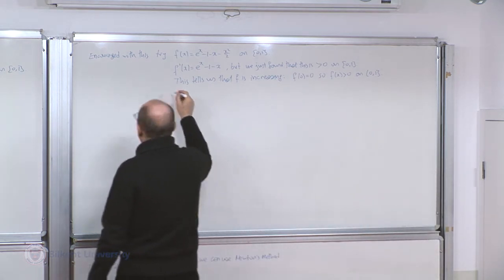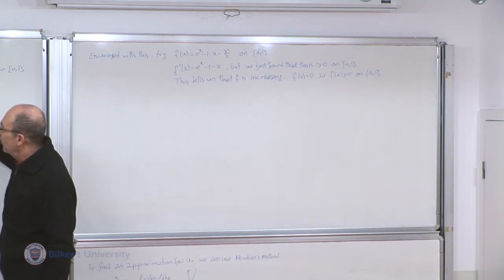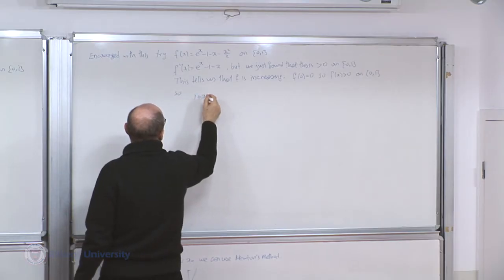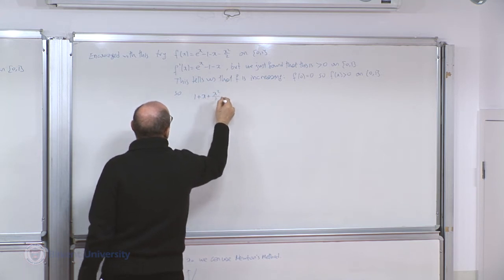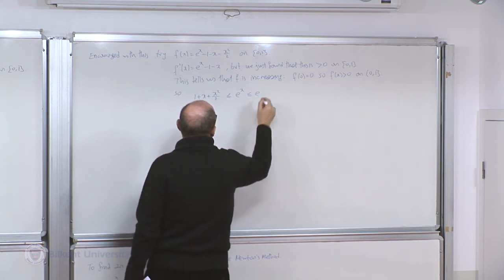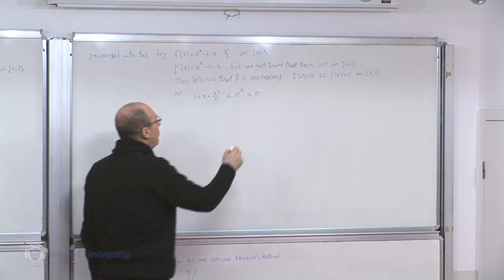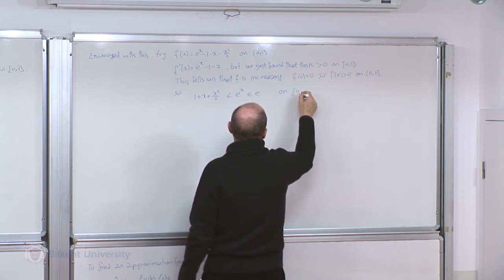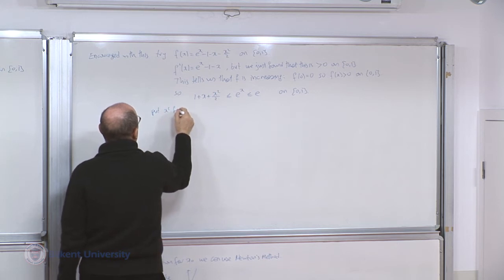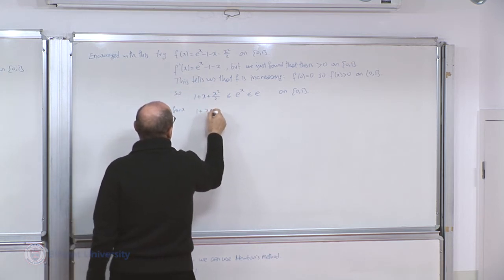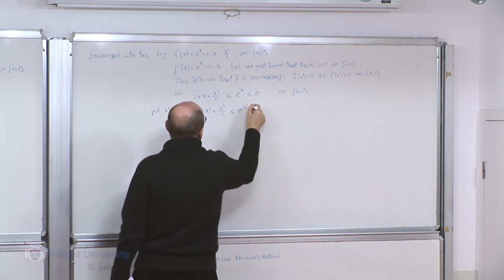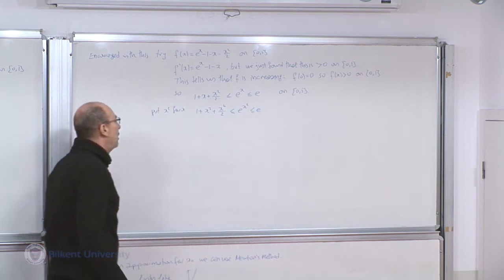So that means, now I am at this stage: 1 plus x squared over 2 is less than or equal to e to the x, which is less than or equal to e, on 0, 1. Now put x squared for x: 1 plus x squared plus x to the 4 over 2 is less than or equal to this, less than or equal to e.